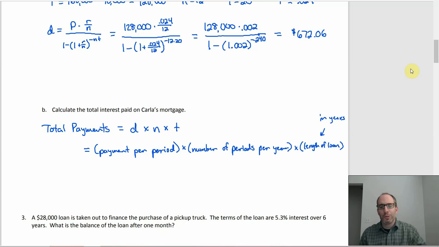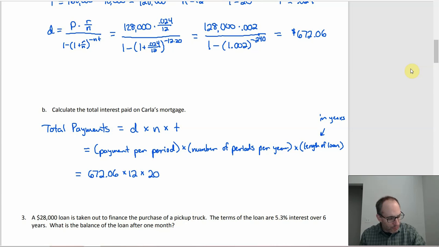So that's really what we're doing. We're multiplying the payment per period by the total number of periods, which is what N times T would be, the number per year times the number of years. If it's 12 times a year for 20 years, that's 240 payments. And that's what we're going to get here. So we're going to have 672.06 times 12 times 20.